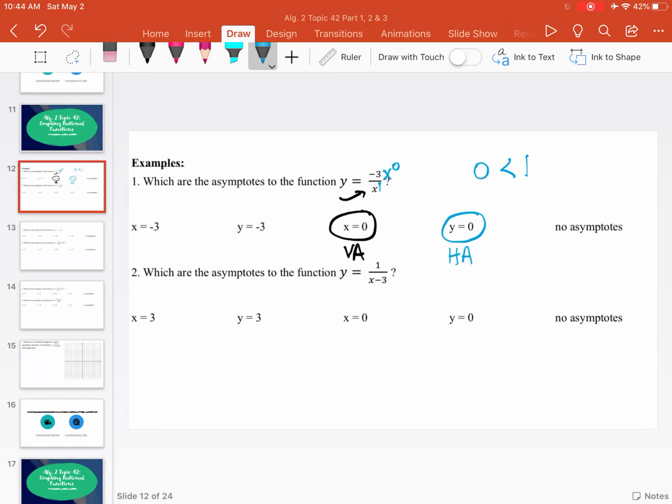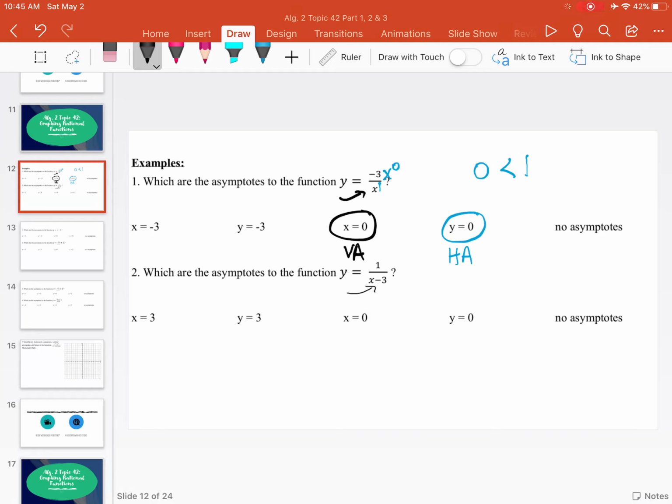Looking at the second example, what are the asymptotes to y equals 1 divided by x minus 3? Again, let's start with the vertical asymptote. Looking at the denominator, what can we plug in for x in order to make the denominator equal to 0? Well, if we plug in +3 for x, that will become 3 minus 3, or 0 in the denominator.